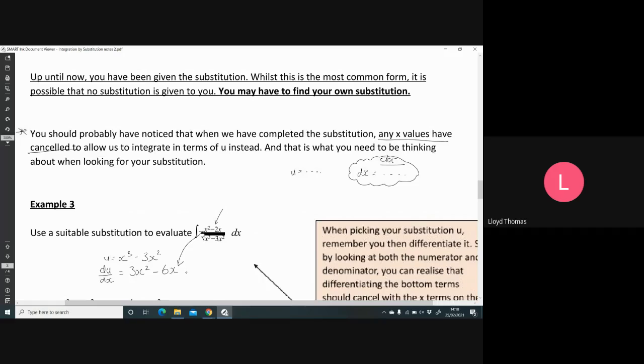They both have an x squared and an x term. And hopefully you can notice that if I was to factorize this, it would actually be 3 brackets x squared minus 2x, which is the same thing that's on the top there. Hopefully, if we have one where you have to choose your own substitution, it'll be a common question like this. Of course, I then need to rearrange this to get dx equals du over 3x squared minus 6x.